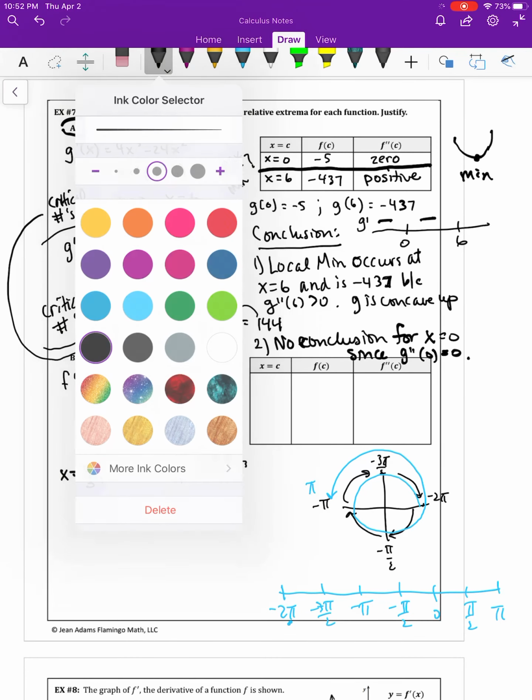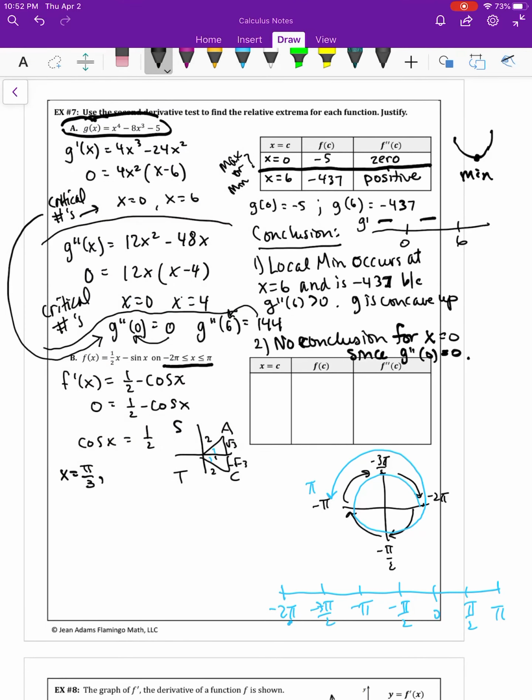And so our critical points are going to be pi over 3. That is one of them because that's in the first quadrant. Okay, so that definitely is one of them. And also negative pi over 3. That's the fourth quadrant. Okay, so that would be the first one you would see when you're first starting out. Then you'd keep going around. This one actually is negative.